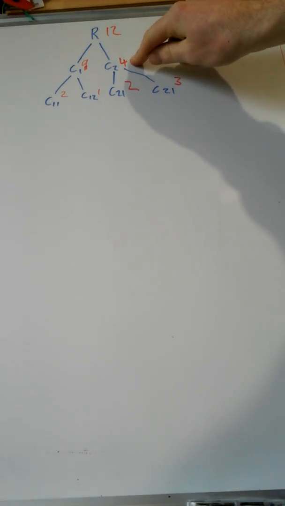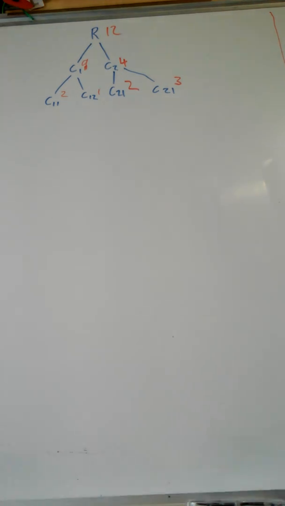We swap this value with this value such that the 4 is now the parent node, and this is a 3. And then we check again. 12 is greater than 4, so the heap structure is restored.